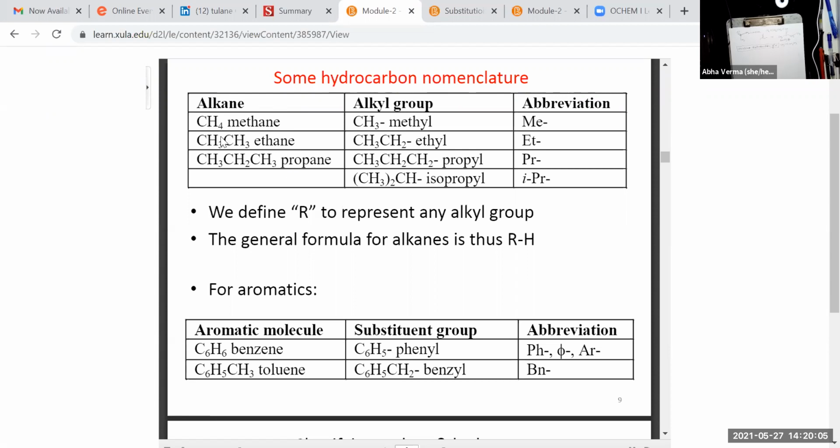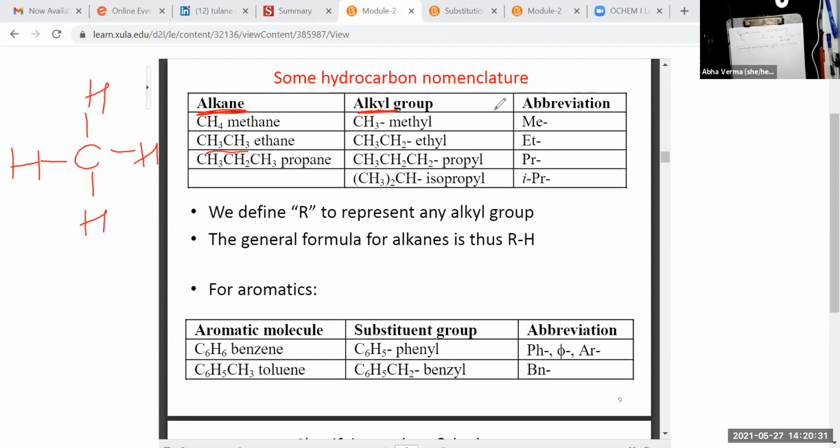So for example, if you see here, CH4, CH2, CH3, CH3. So this is your alkane and the corresponding alkyl group. CH4 is the alkane, carbon has all the 4 bonds satisfied.